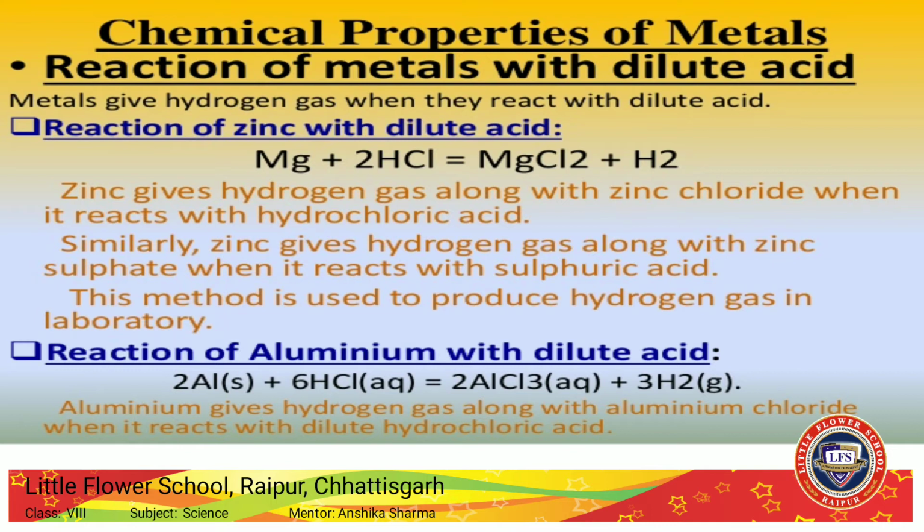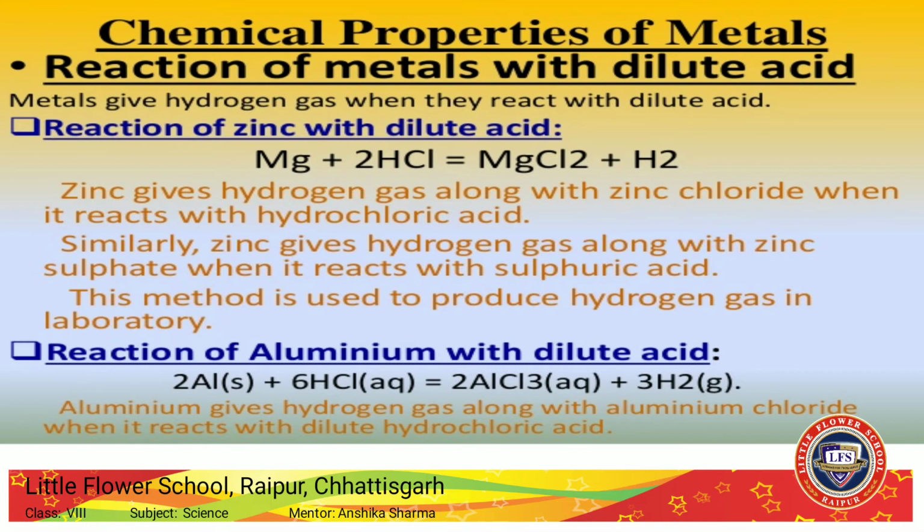Zinc gives hydrogen gas along with zinc chloride when it reacts with hydrochloric acid. Similarly, zinc gives hydrogen gas along with zinc sulfate when it reacts with sulfuric acid. This method is used to produce hydrogen gas in the laboratory.